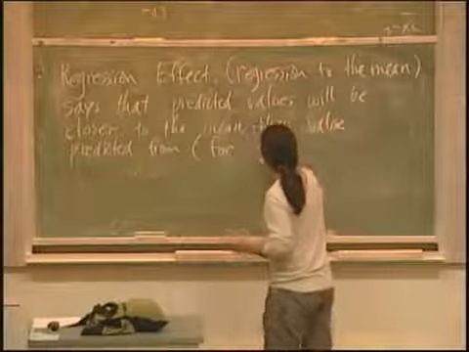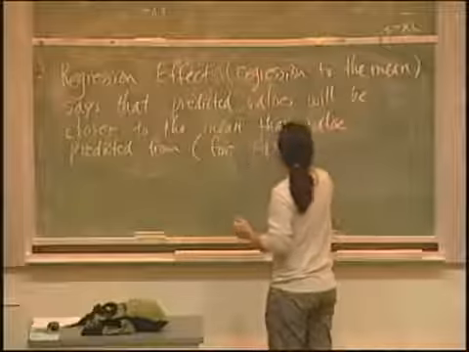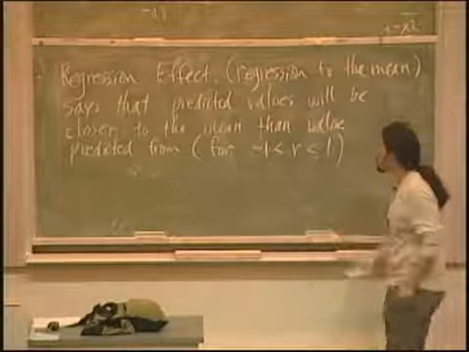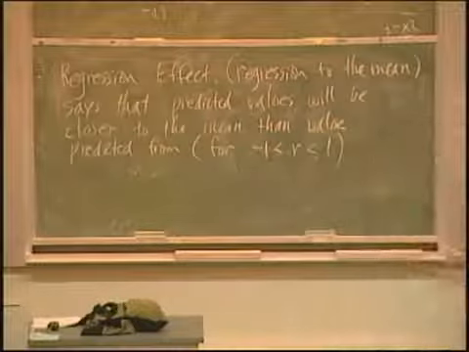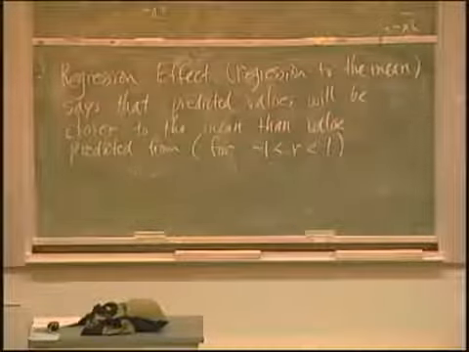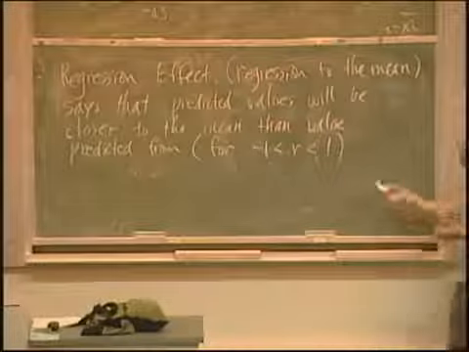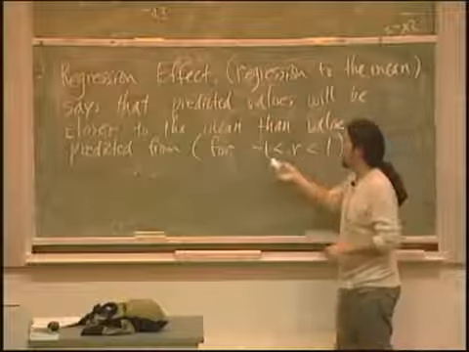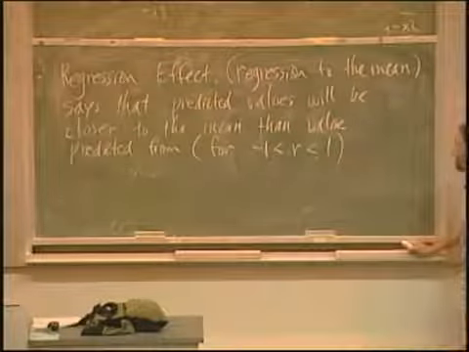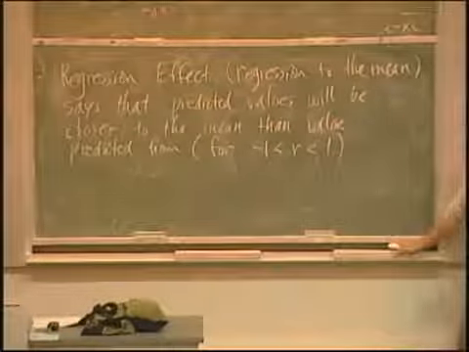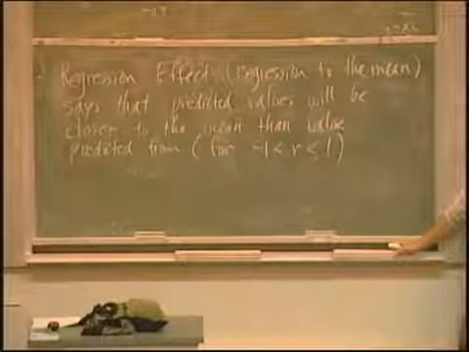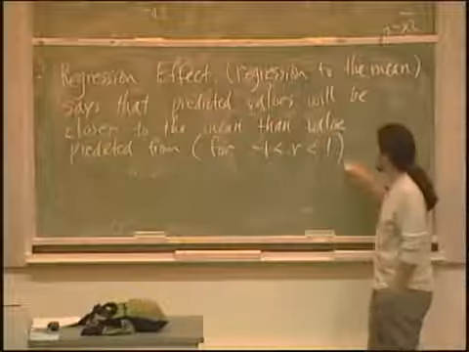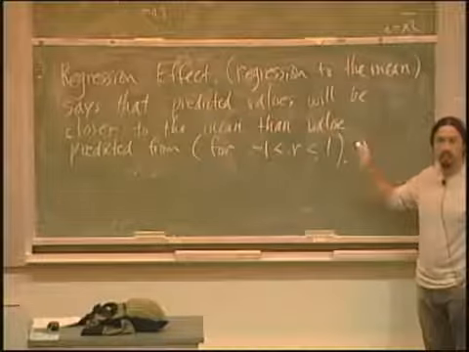And this is for correlation strictly between -1 and 1. So again, if R is actually equal to positive or -1, then the predicted values will be the same distance from the mean. If R is +1, the predicted value will be exactly the same in standard units. If R is -1, the predicted value will be the same distance, just in the other direction. Okay. Okay. So questions on that idea?